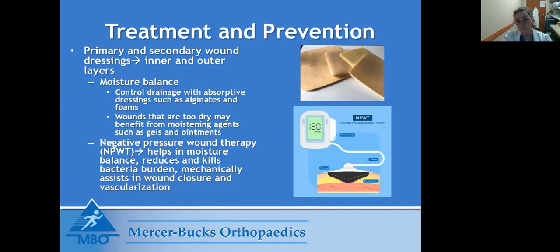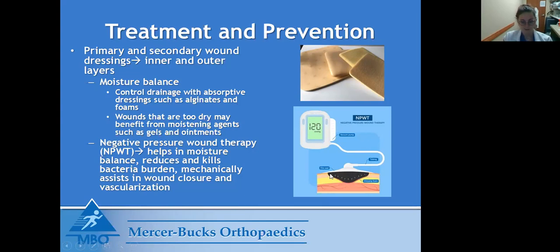Another form of dressing, or you can consider this a primary dressing, is what's called negative pressure wound therapy. This therapy is typically used for large wounds, for deep wounds. There are certain criteria that you need to meet to use these wound care products, but overall they can be a really good tool because it ultimately entails a sponge which fits into the wound, just like on this picture, this black part here.